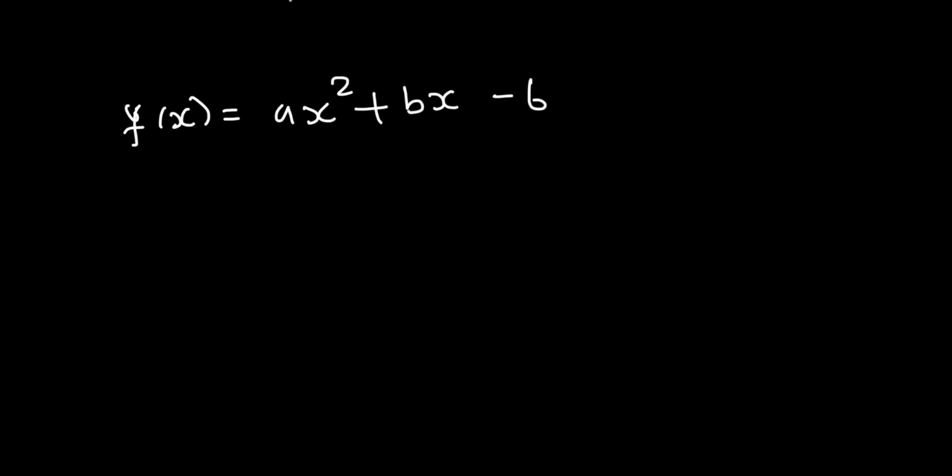Now let us look at another type of question that you can get in calculus. For example, they will say find the value of a and b for each of the following. Let's say they tell you f(x) is ax squared plus bx minus 6, and at this specific point (2, -8), the gradient is equal to -5.